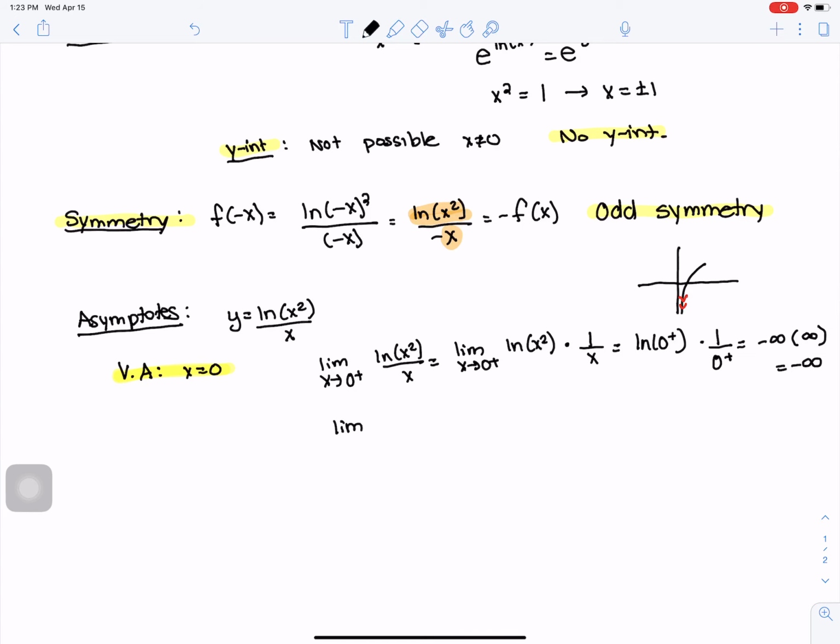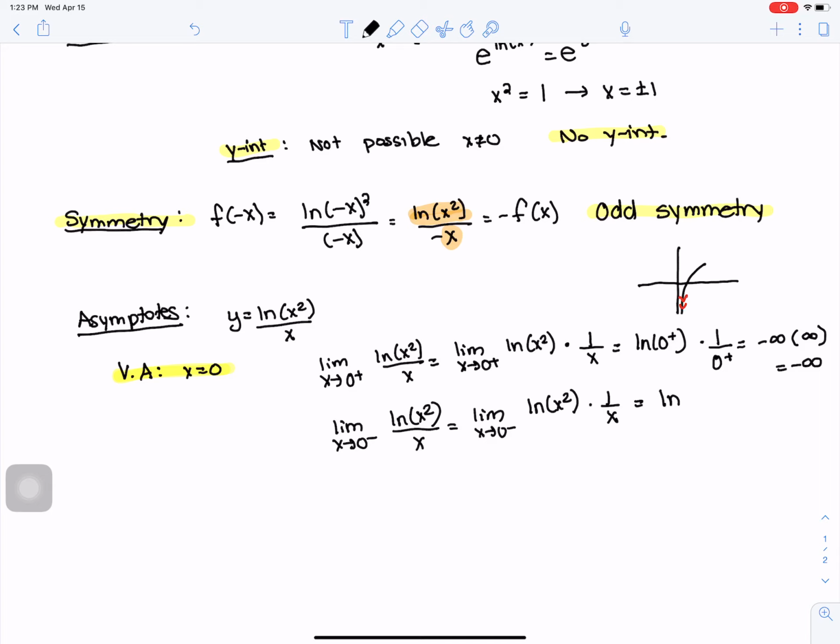Let's do the limit as x approaches 0 from the left of ln x squared over x. I'm going to break it up again. Sometimes these ln limits and e limits get tricky, so be careful to look out for L'Hopital's rule. We'll be doing a future lesson on it, but for right now, just think, is it infinity over infinity, or 0 over 0?